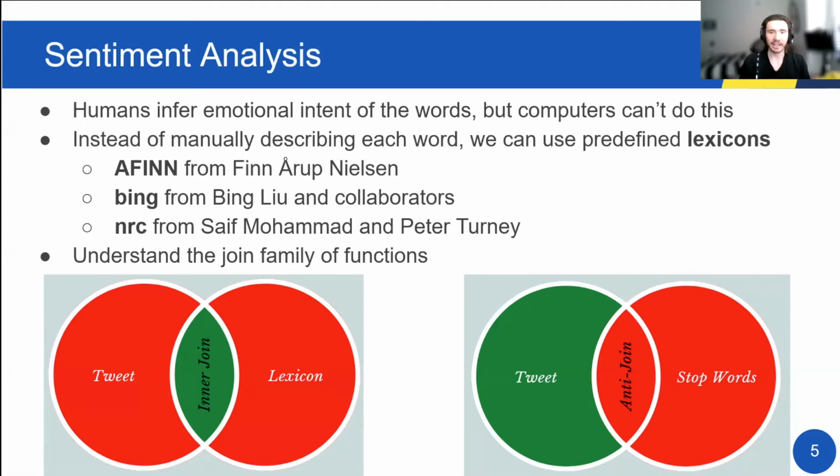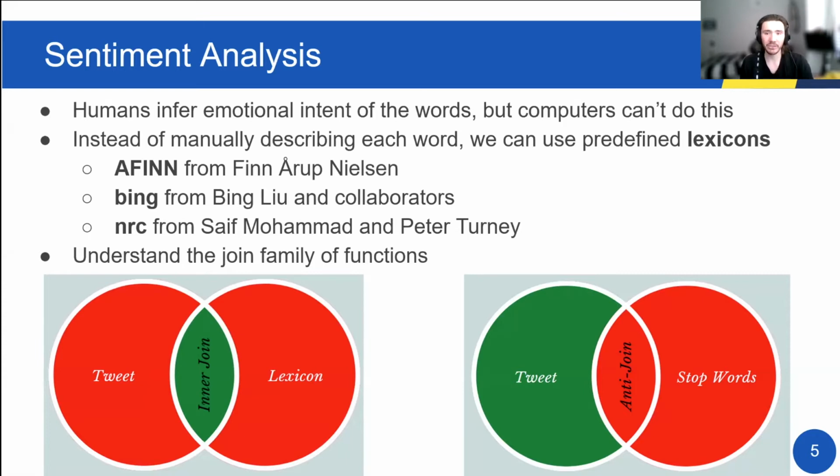If I were to say, I hated that, most people would understand that that is negative, but when computers see something like hate, they have no reaction to it because, you know, they're computers. But there are some ways we can deal with this.